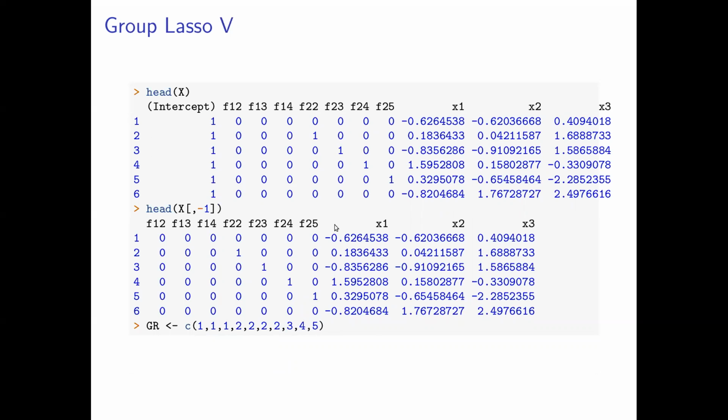Looking at this, we see that our factors in the model matrix are encoded in such a way that they are basically becoming columns of zeros and ones.